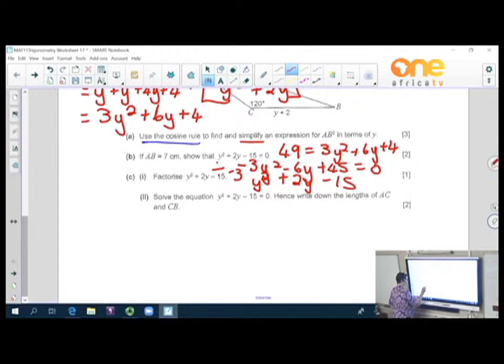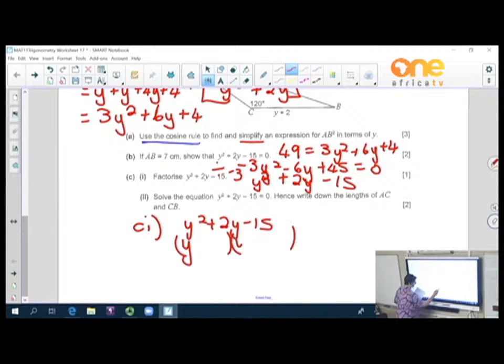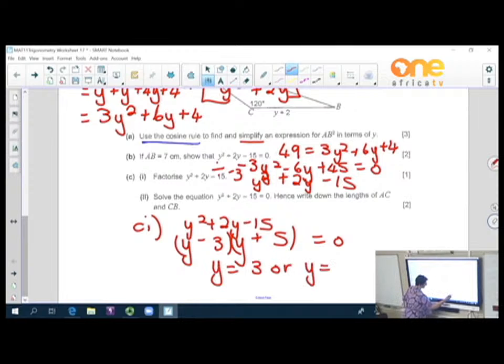Okay, now C1. Now they say we have to factorize y squared plus 2y minus 15. Factorize means brackets, brackets. So y and y, 3 and 5. Signs differ. The biggest combination is positive. One is negative. And then we have to solve it here at 2. So we're going to equate it to 0 then there, which means y is equal to 3 or y is equal to -5.